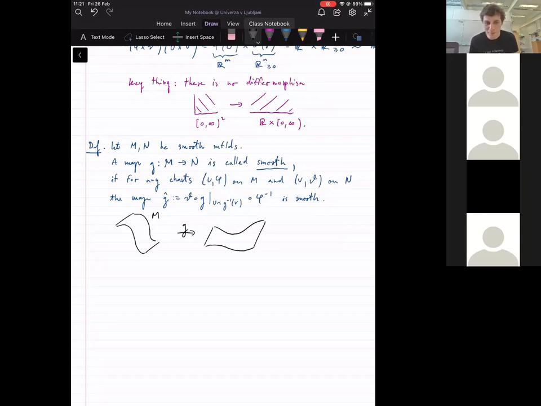I always draw them in the same way. So we have this map G, and now we have, let's say, a subset U here. This goes via phi into, let's say, R to the power of m.